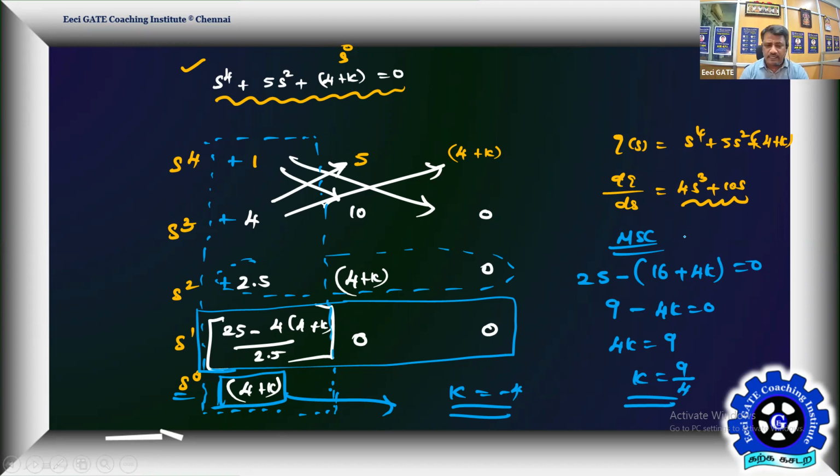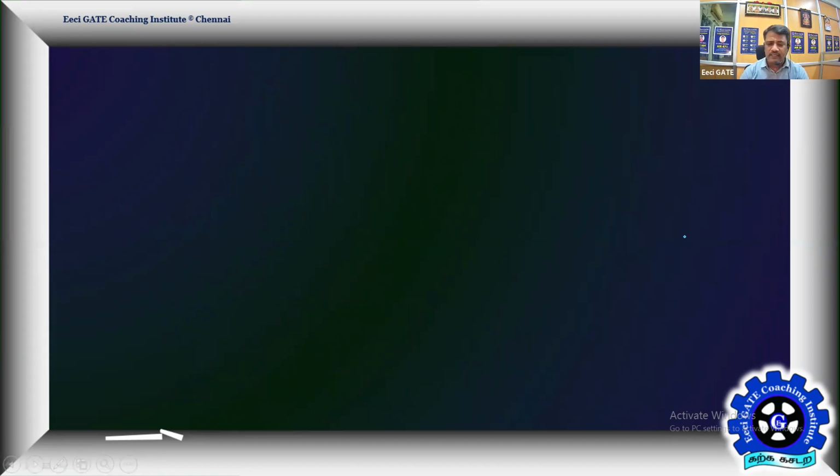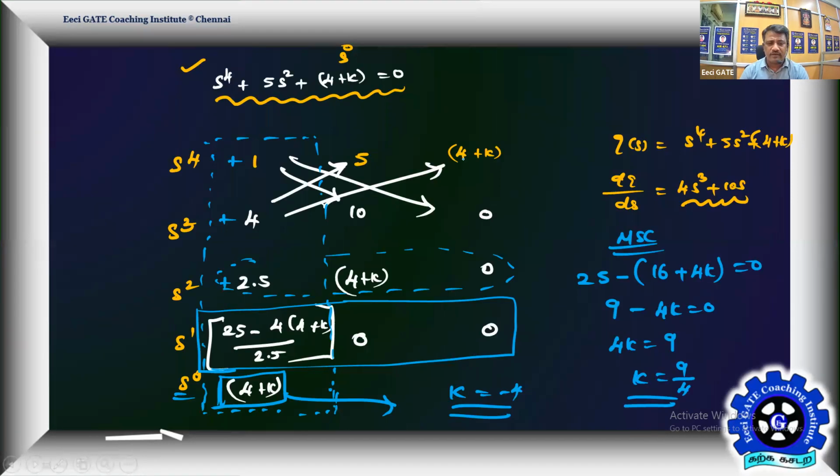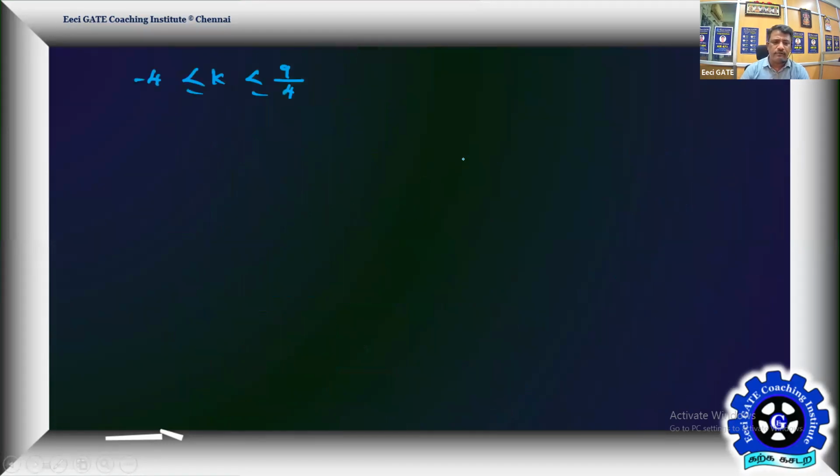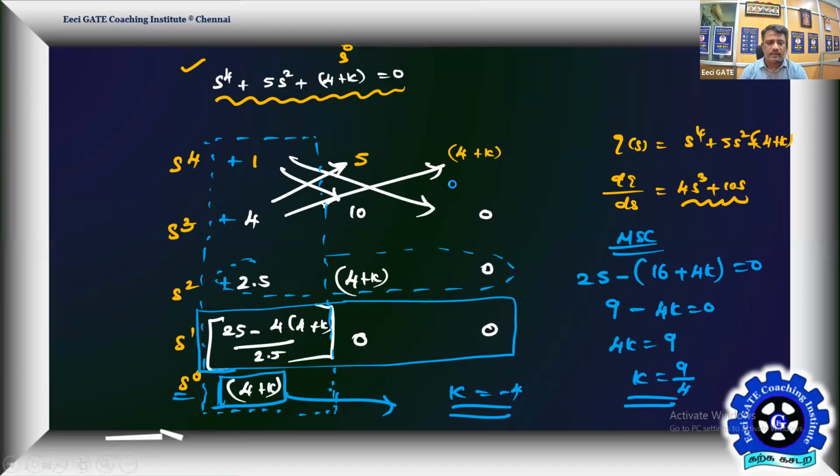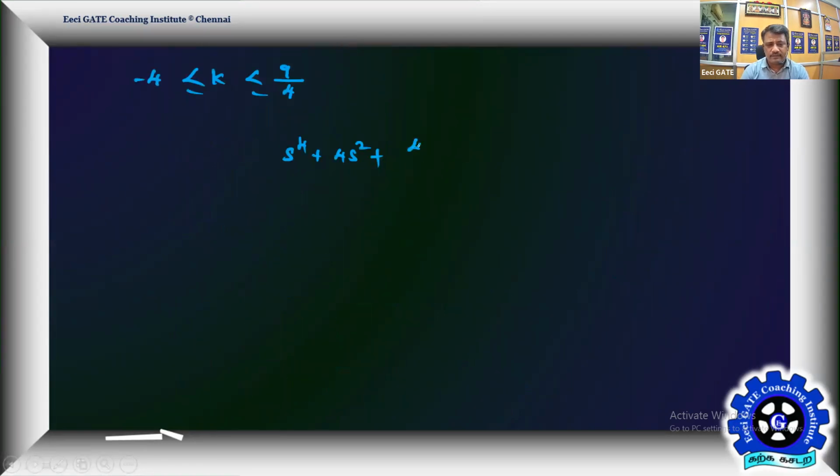So let me check it. So we have two conditions. So k between, this is one of the options, minus 4 and 9 by 4. K between this. What is our equation? s power 4 plus 4s square plus 4 plus k, that is equal to 0.